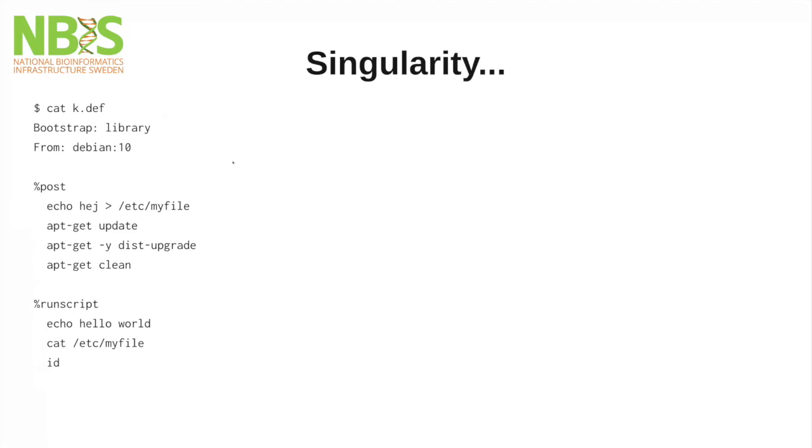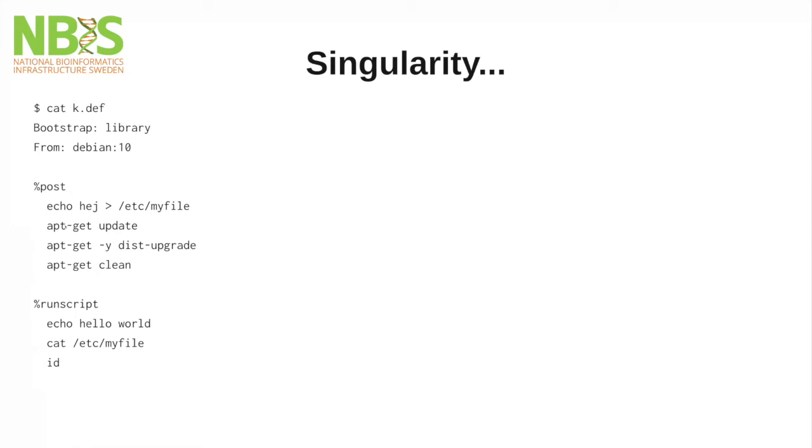And these also have some kind of recipes to build container images. It looks quite the same. We can say that we want to use the bootstrap method library to pick something from a library. And we start with Debian 10. There are other things we can do, but here we just do a post section.